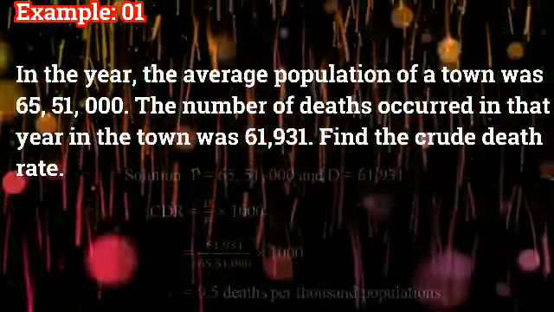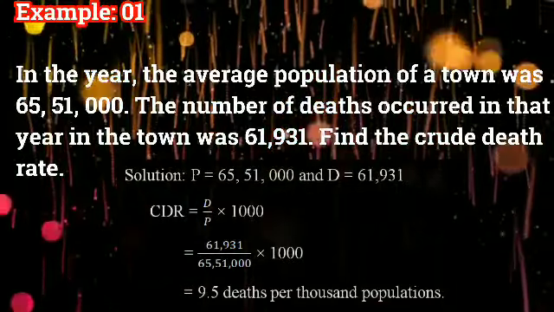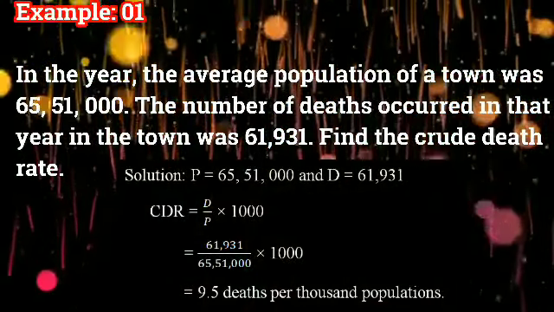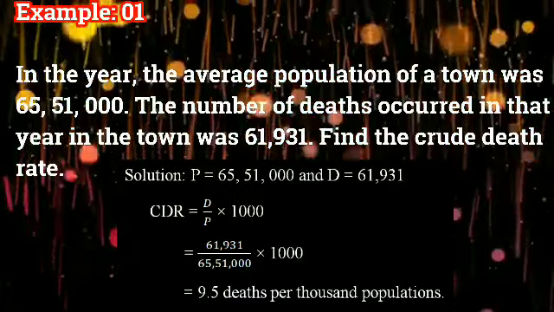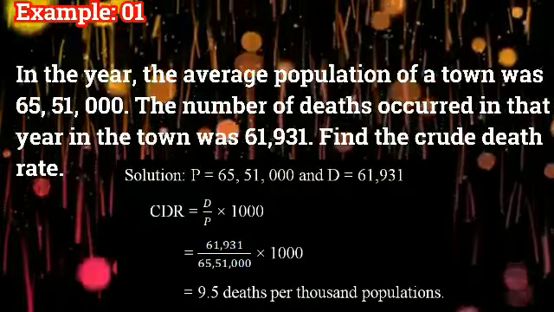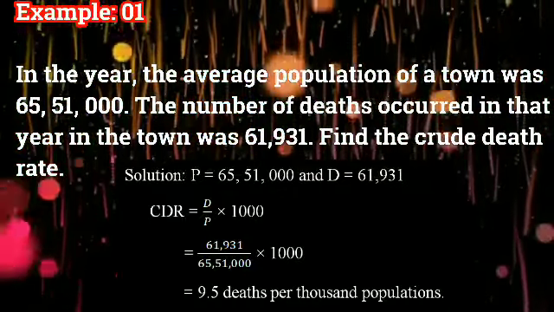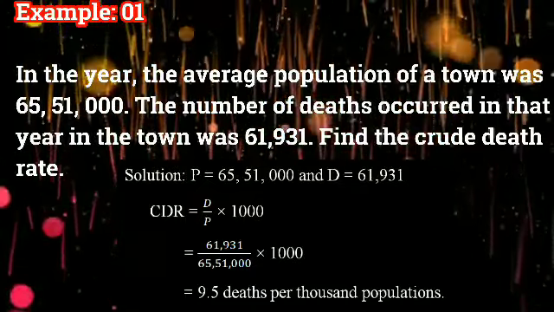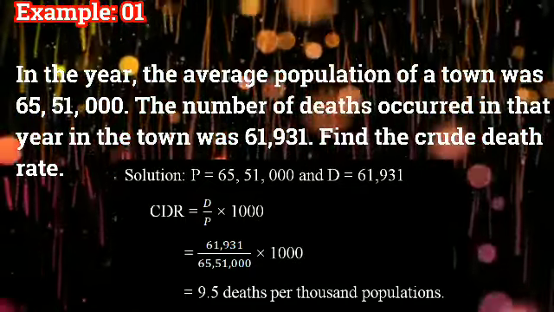First example: in a year, the average population of a town was 65,51,000. The number of deaths occurred in that year in the town was 61,931. Find the crude death rate. Solution. First write the given values.